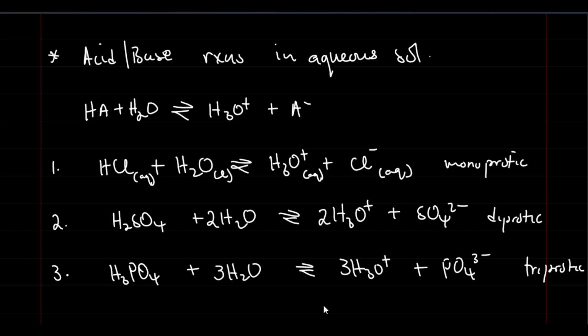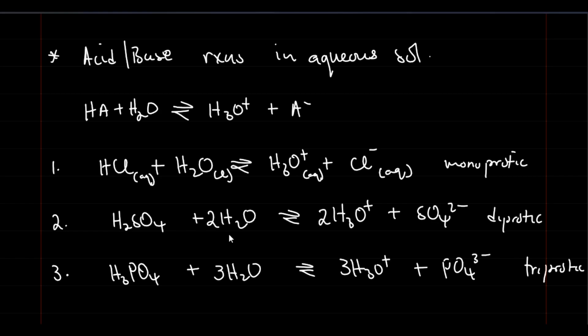Okay guys, simple as that. So if you have a diprotic or triprotic acid, you must check how many protons that acid can donate. If that acid can donate 2 protons, therefore on water you will put 2, and when you put 2 on water, water goes with hydronium.